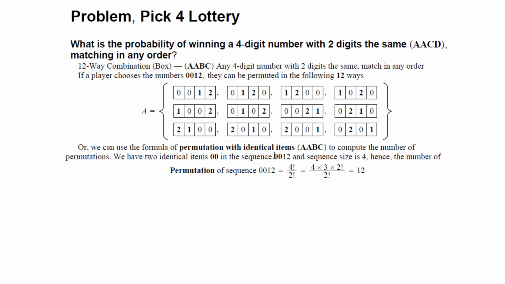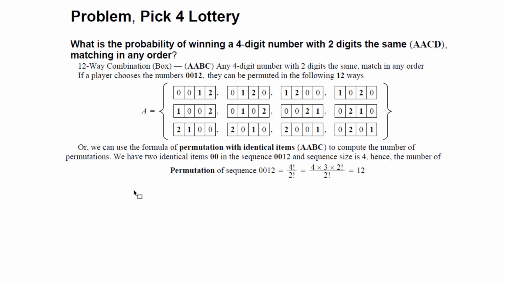The size of the sequence is 4, and we have 2 identical items, so the permutation of the sequence 0012 is 4 factorial divided by 2 factorial, which is 12. So we have 12 permutations of this sequence, which contains 2 identical items.